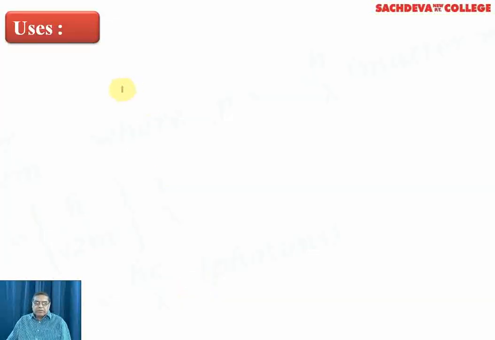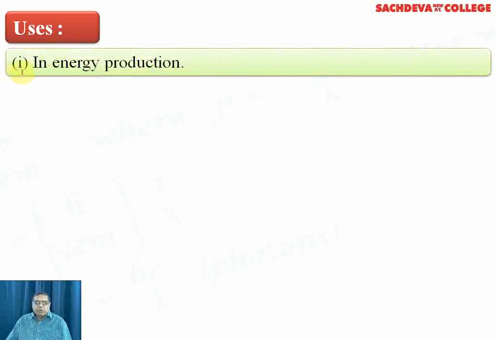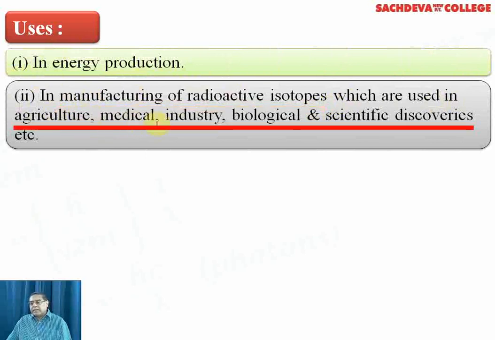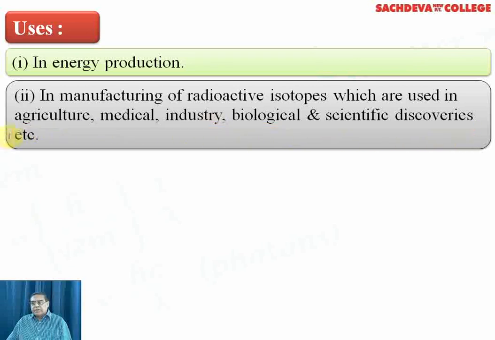Then we come towards the uses of nuclear fission. Obviously, as I have explained, it can be used for destructive processes as well as constructive processes. In the constructive process, it is used for getting electrical power. So number one is energy production. Number two is the manufacturing of radioisotopes, which are used in agriculture, medical, industry, biological, and scientific discoveries.